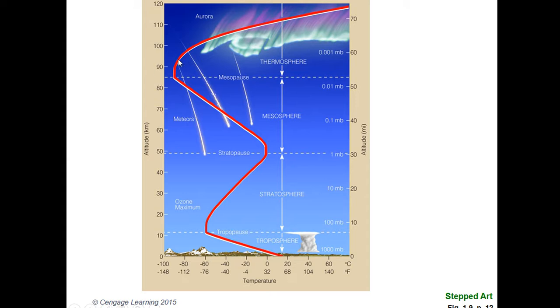So we see on this chart that after another pause, which we call the mesopause, the temperature skyrockets back in the other direction, and so the temperatures can be way off the charts here.